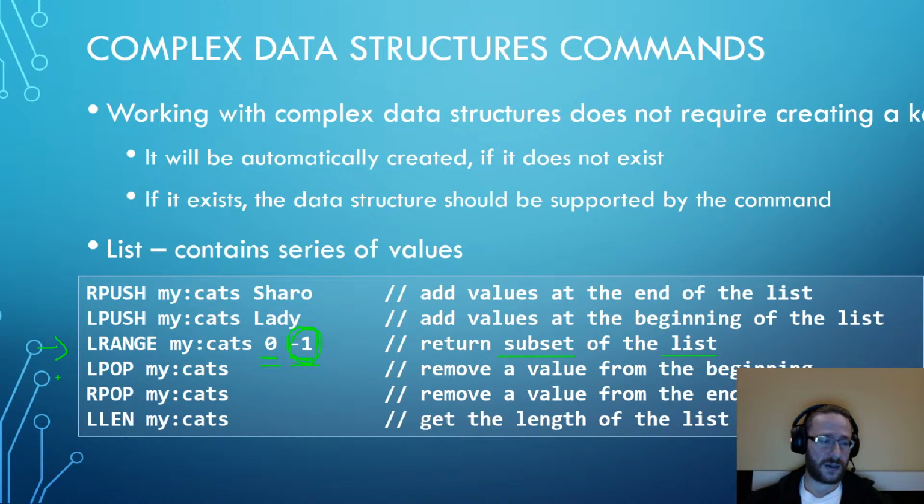You have typical stack operations, popping a value from the left and popping a value from the right, which means remove a value from the beginning and return it, and the other command, rpop, removes a value from the end and return it. We also have length.